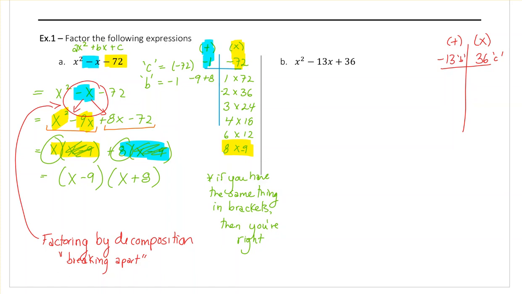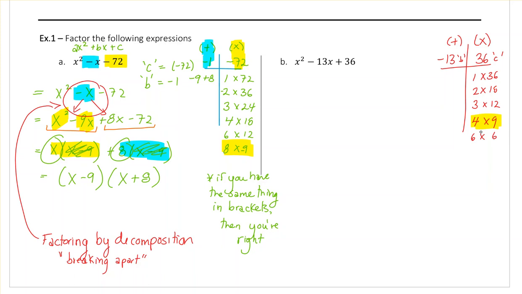Well, whatever our factors are of 36: 1 times 36, 2 times 18, 3 times 12, 4 times 9. Okay, those are our factors. You can keep going, 6 times 6. However, what's important to us here is this set of factors right here, 4 and 9.